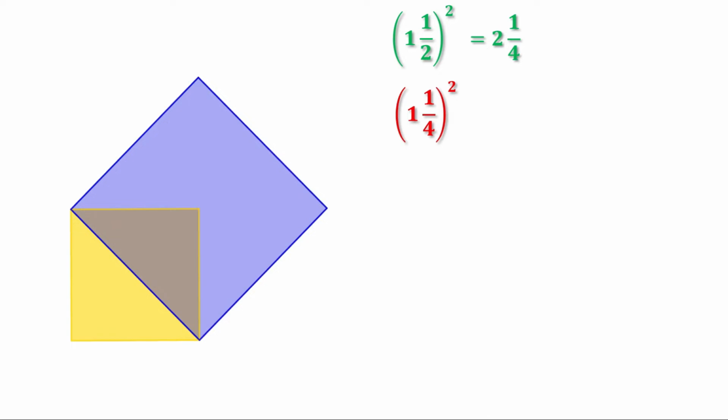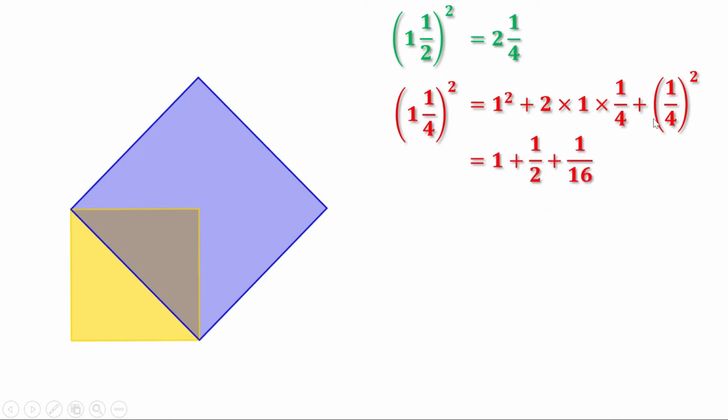That is square of the first number plus 2 into first number into second number plus square of the second number. So this can be written as 1 square plus 2 into 1 by 4 plus 1 by 4 whole square. 1 square is 1, 2 into 1 is 2, 2 into 1 by 4 is 1 by 2, and 1 by 4 square is 1 by 16.